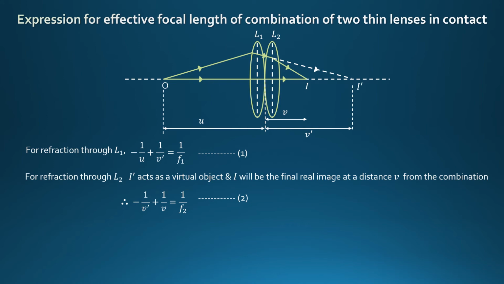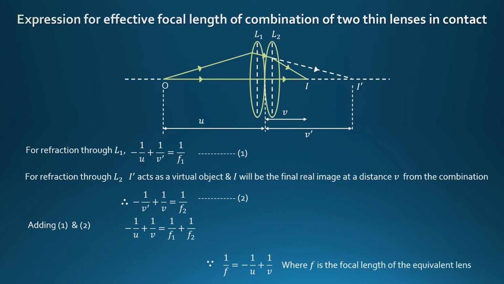Now, adding equations 1 and 2, we write minus 1 by u plus 1 by v is equal to 1 by f1 plus 1 by f2. Since minus 1 by u plus 1 by v is equal to 1 by f, where f is the focal length of the equivalent lens, the equation becomes 1 by f is equal to 1 by f1 plus 1 by f2. This is the required equation.